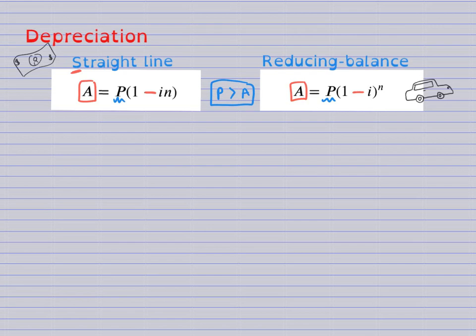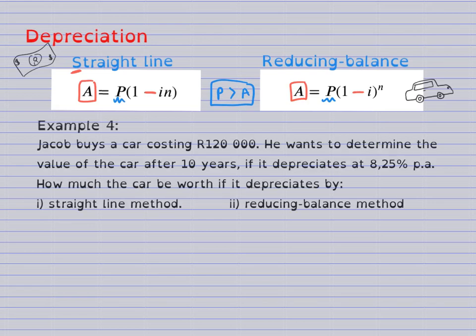Let's get stuck into an example to show you just how these formulae work. So here's our example. Jacob buys a car costing 120,000 Rand. Lucky fish. He wants to determine the value of the car after 10 years. If it depreciates at 8.25% per annum, how much will the car be worth if it depreciates by a straight line method, and a reducing balance method?